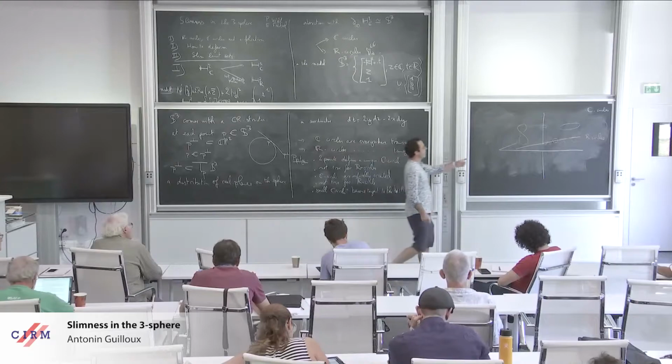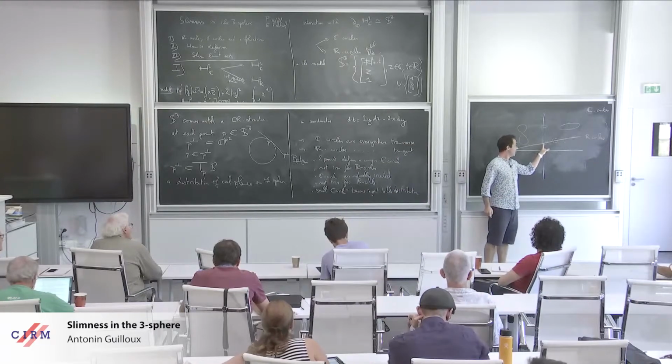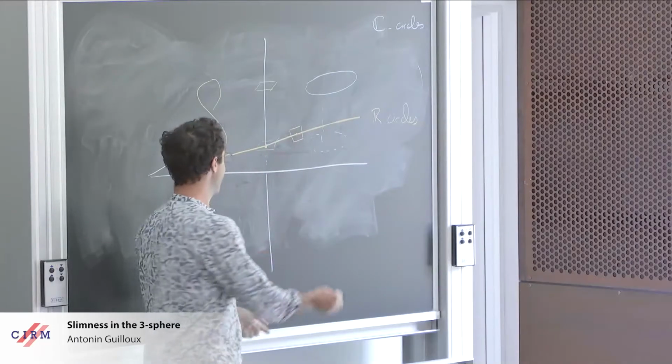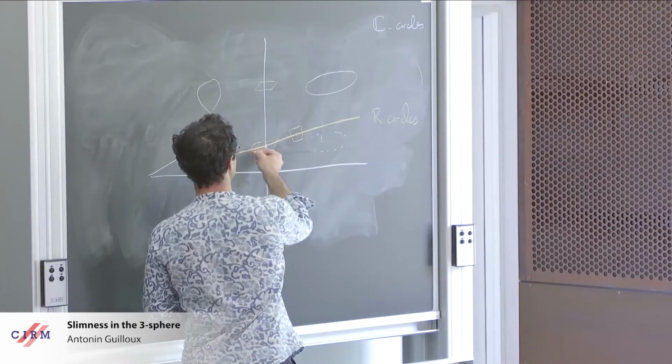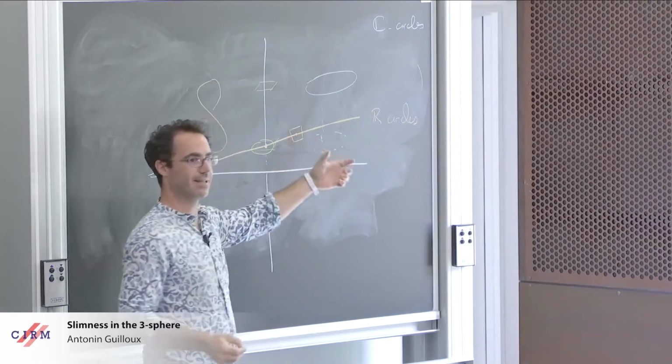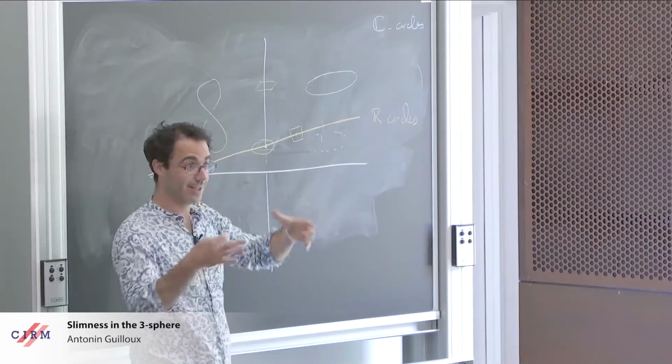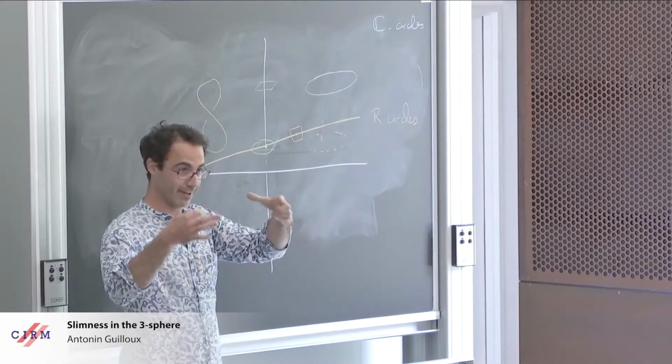Look, a C-circle centered at 0 is exactly a circle, an actual circle in the complex plane centered at 0. So it's actually a circle.